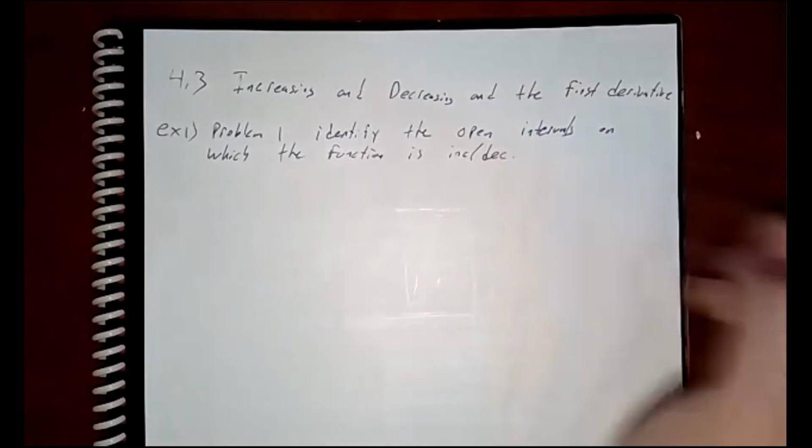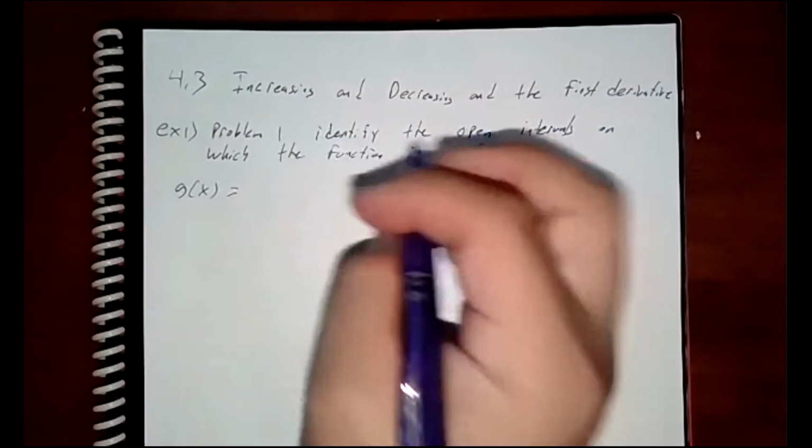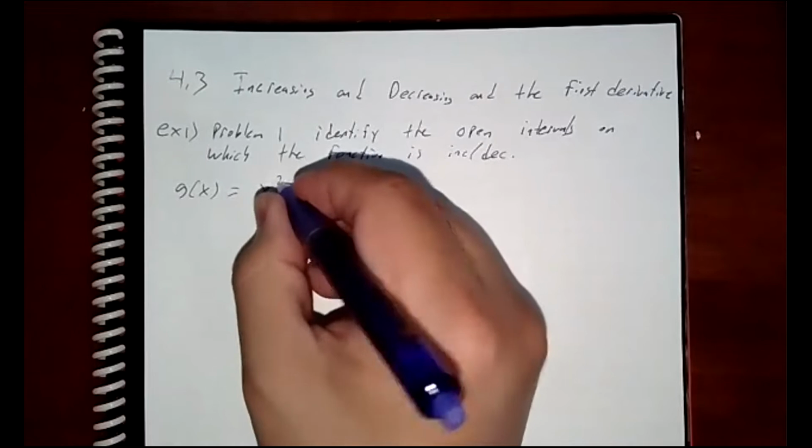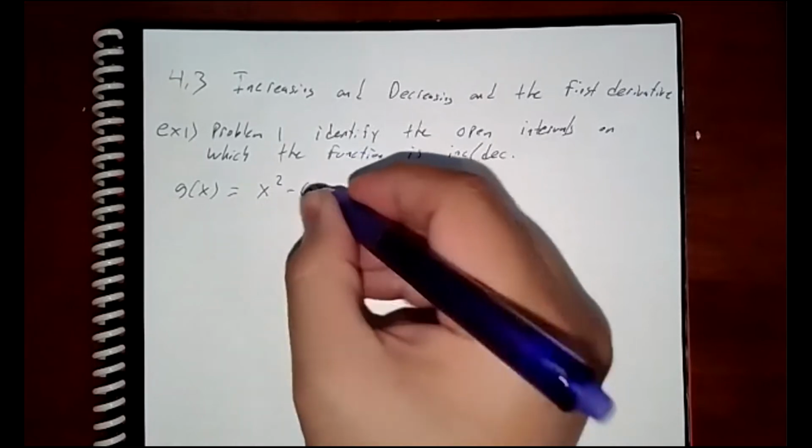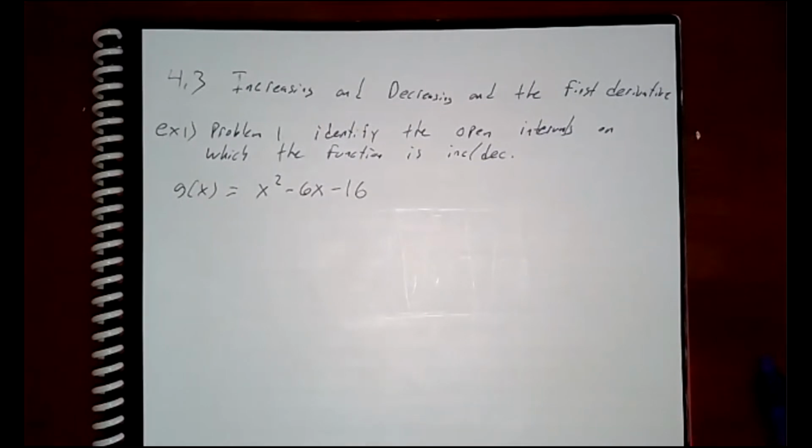I'm just going to shorten it there. So they give us a function and they want us to know where this is happening. If you graph it, you can see right away what's going on. But that's not how we're going to do it, but I want you to see how that works.